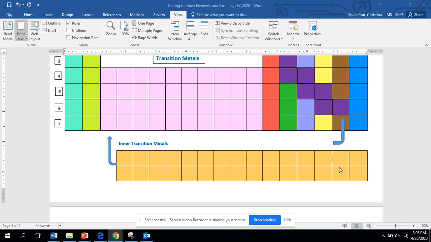Otherwise, the table would be super, super wide and it wouldn't make sense and it wouldn't be very convenient to have to print out 2 sheets and tape them together. So they're just kind of brought down here. So you still want to color those a different color from the transition metals. We have something here called the lanthanide series, and then we have the actinide series.